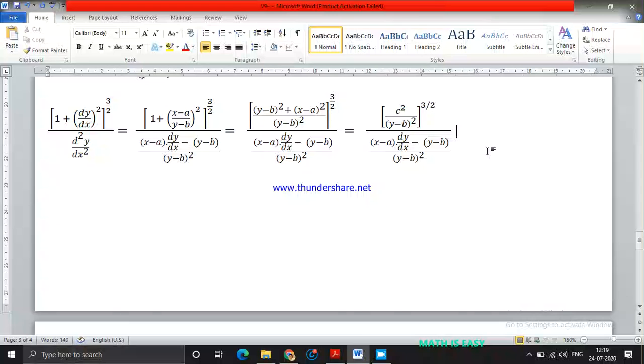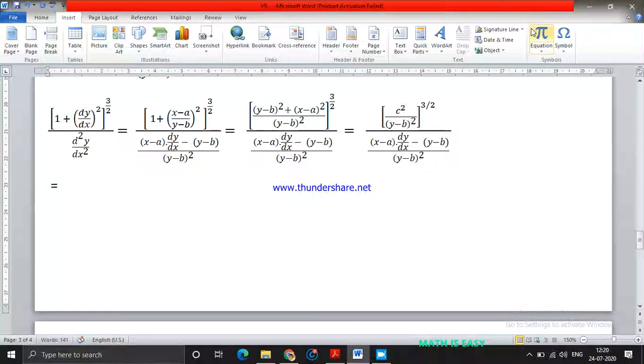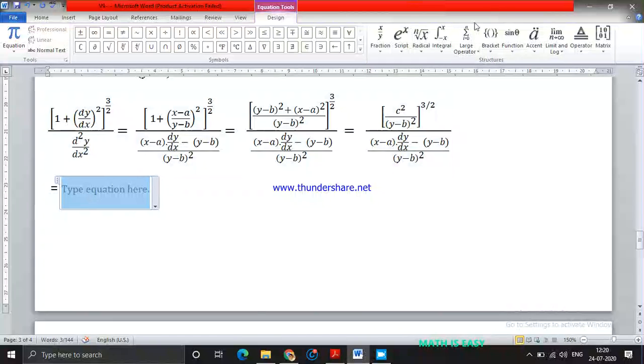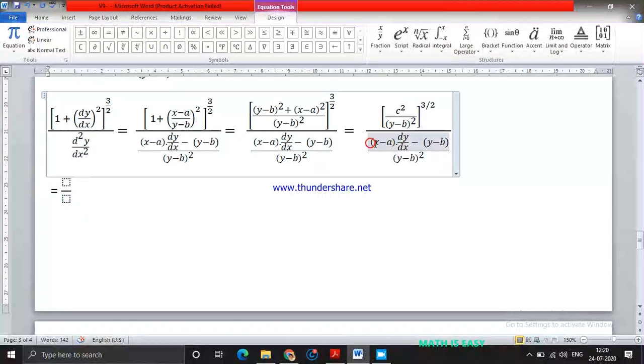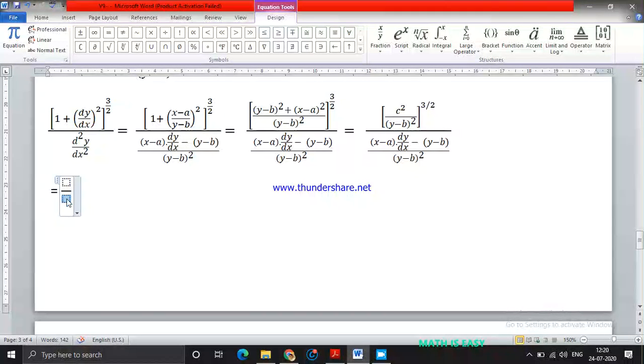Okay. So next step, you can put the font together. Which is equals to, let me insert the equation and see what will come. Fraction, and still the denominator I'll keep as is, no change in the denominator. The simplification I am doing is in the numerator only.